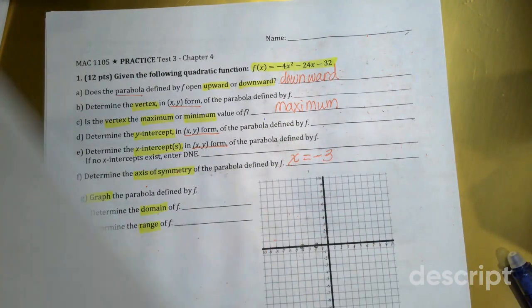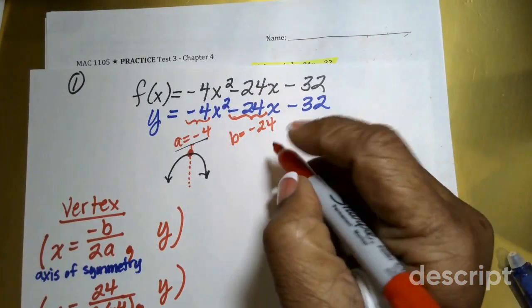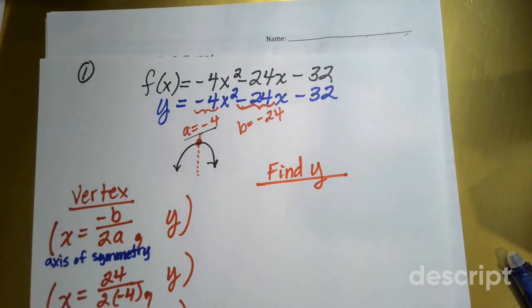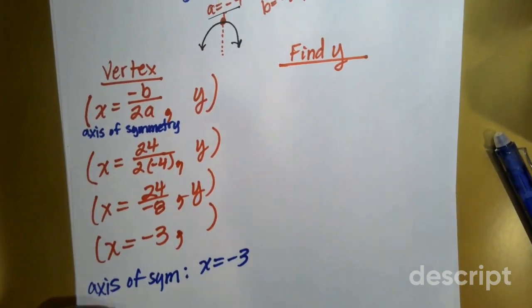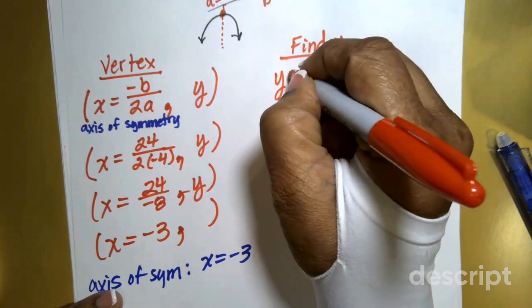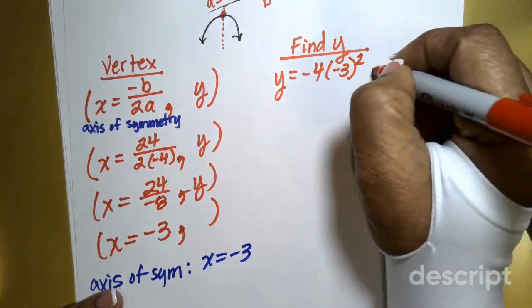Okay, so let's find our corresponding y value for the vertex. So when x is -3, find y. So let's substitute -3 in for x.